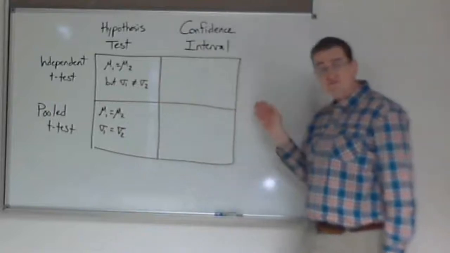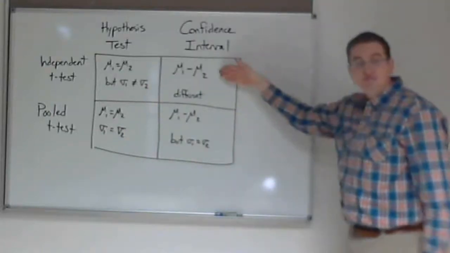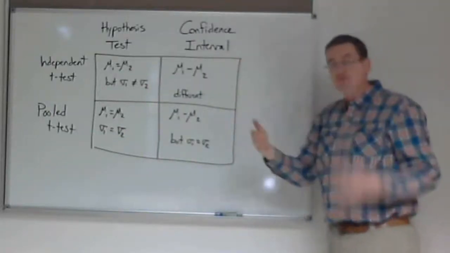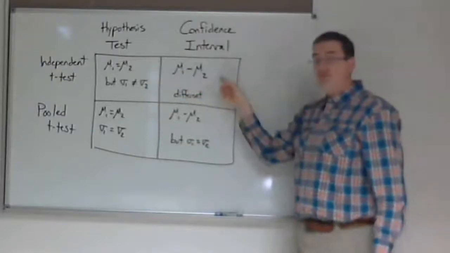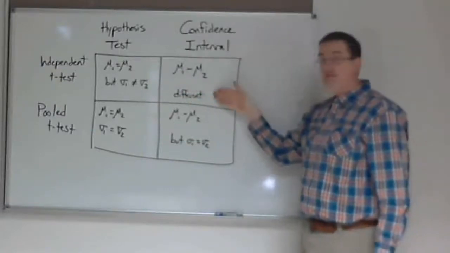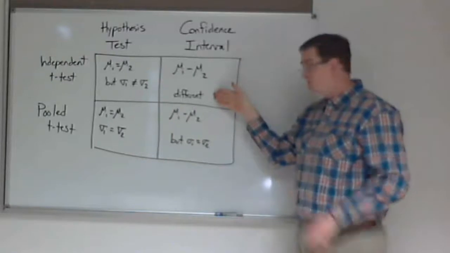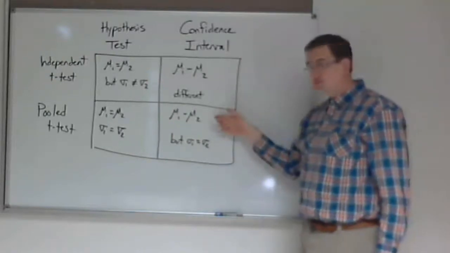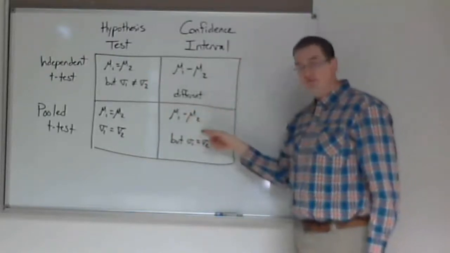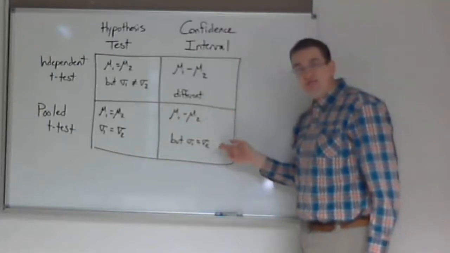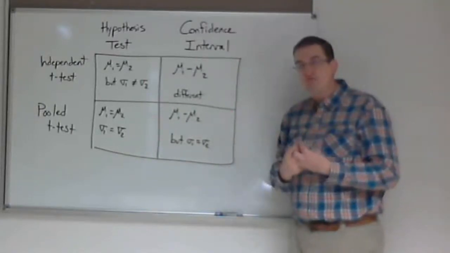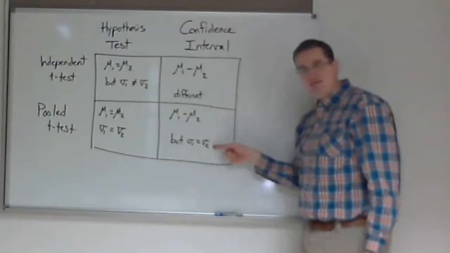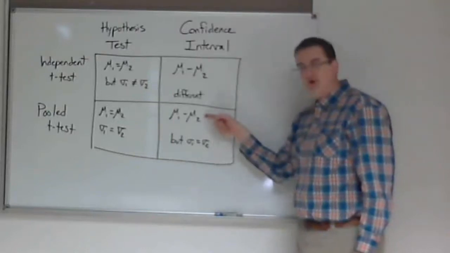On the other hand, confidence intervals, you know the means are different and you want to estimate how different they are. I want to look at the difference between mu1 and mu2, and let's say those two groups are very different. A pooled confidence interval says, I want to look at how different those means are, but I think that they should be connected or tied with the standard deviation. Why are they tied at the standard deviation but not at the means?